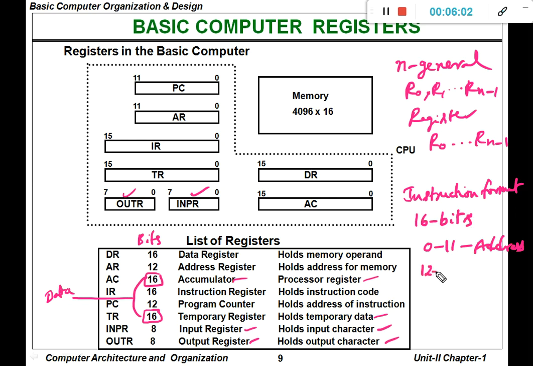Bits 12 to 14, 3 bits, are used for the operation code, and bit number 15 is used for the indirect mode address. So this we have already seen. The instruction actually contains 16 bits.